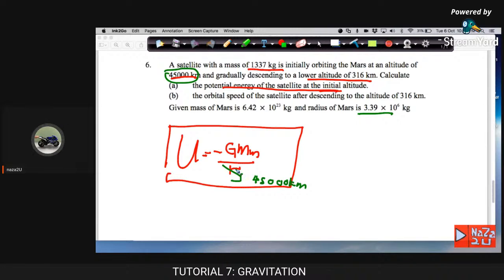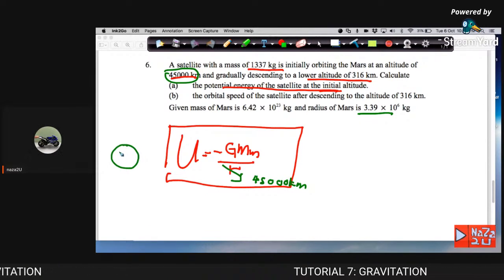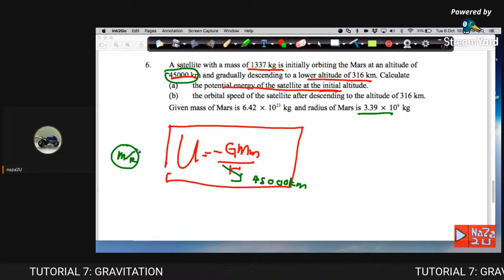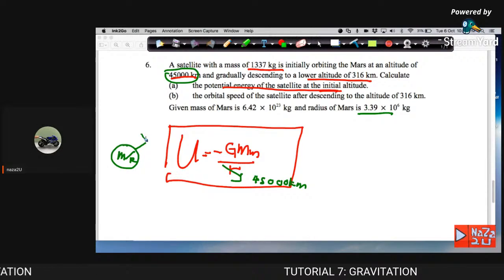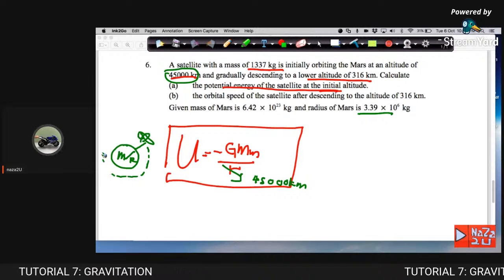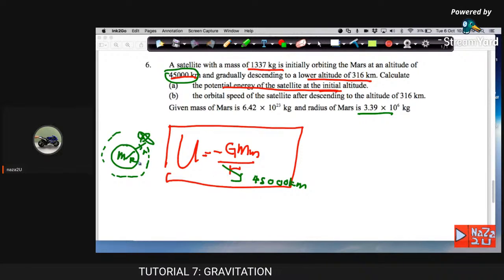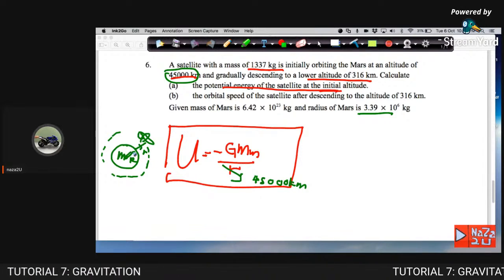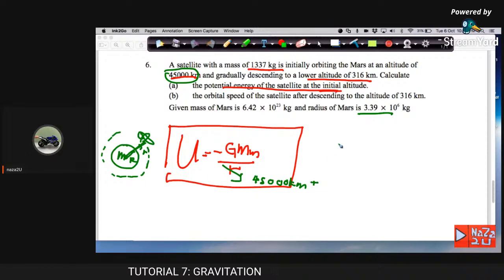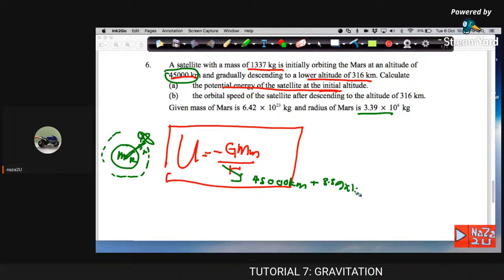Kat sini radius merujuk kepada planet Mars, and this is the distant satellite. This is satellite yang bergerak mengelilingi planet ni. So R kat sini adalah jarak daripada pusat planet ini kepada satellite. So 45,000 km plus the radius of Mars is 3.39 exponent 6.